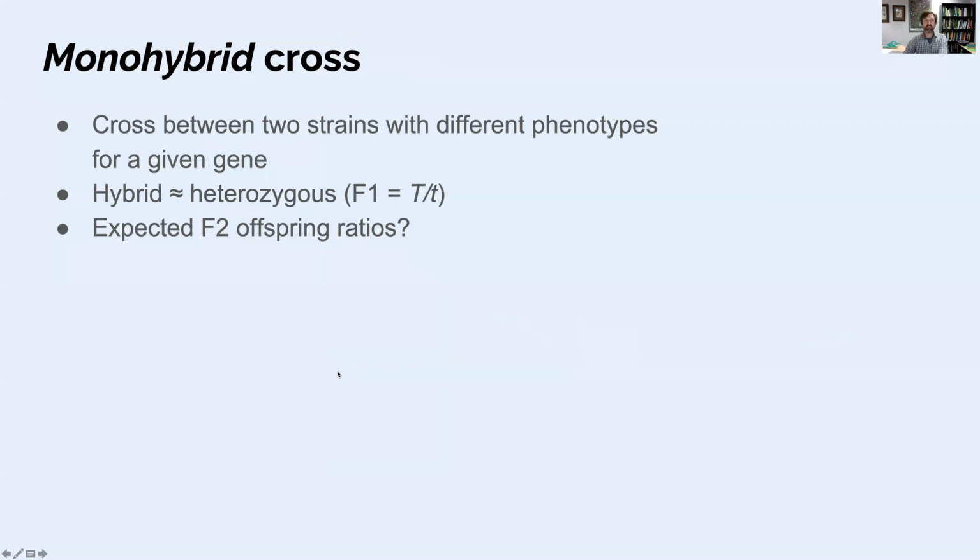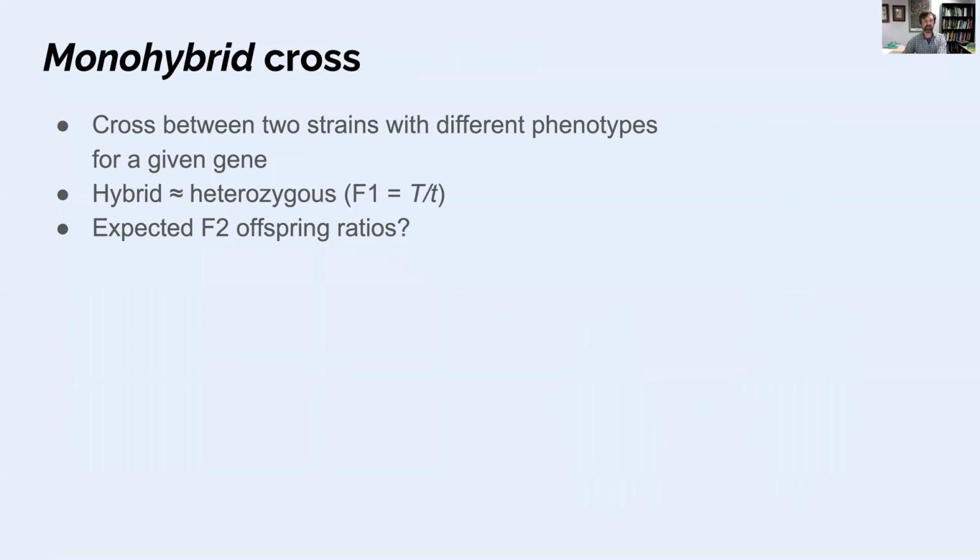And what we've done up to this point deals with a single gene at a time. We're going to combine two genes in a second. Before I go too much farther, I want to talk about this term. This is a monohybrid cross. And this is kind of a standard genetic cross.